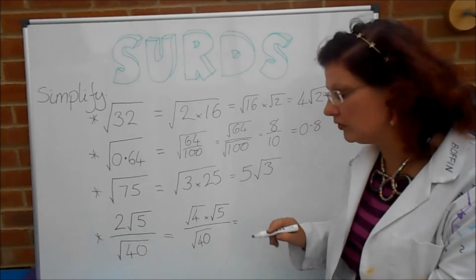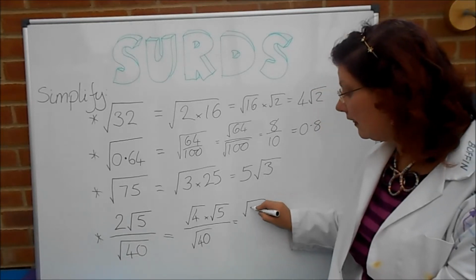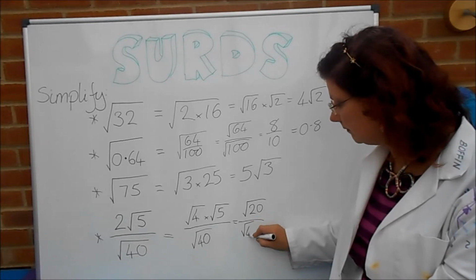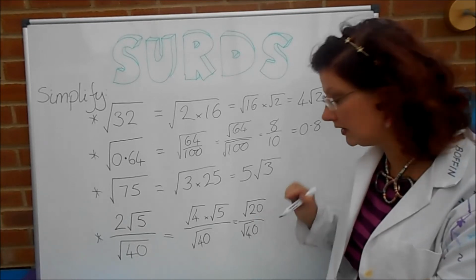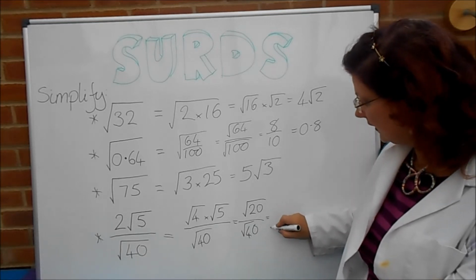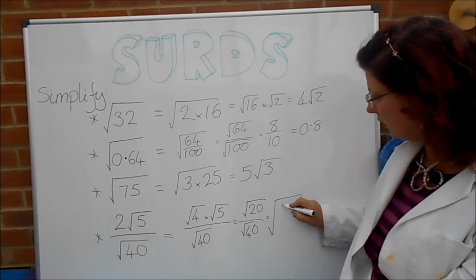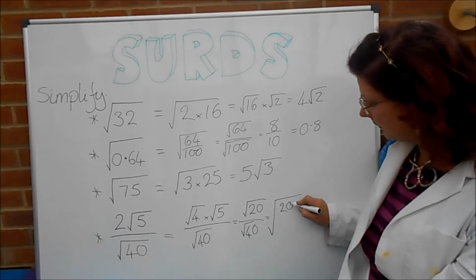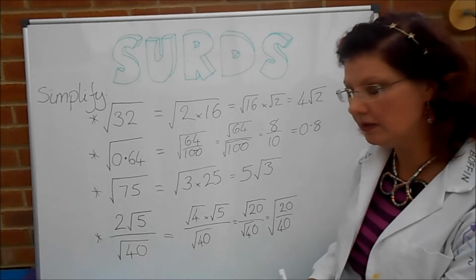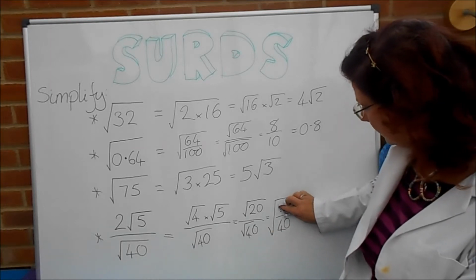So root 4 times root 5, that's root 20 over root 40. I'm going to run out of room here, I'm going to have to start writing smaller. Root 20 over root 40, that is one big square root of 20 over 40.